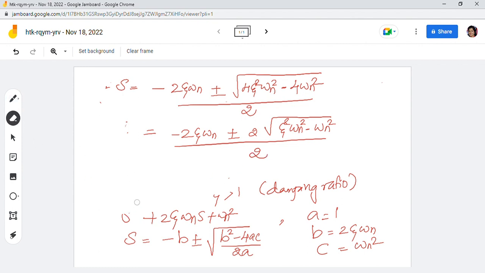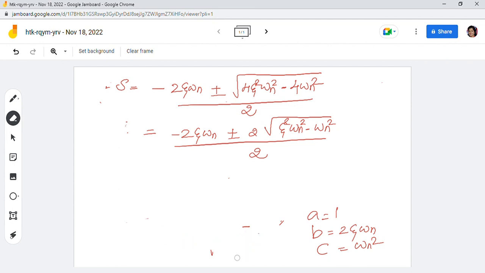We can take the 2 common from both numerator and denominator and cancel the 2 and write down the remaining.